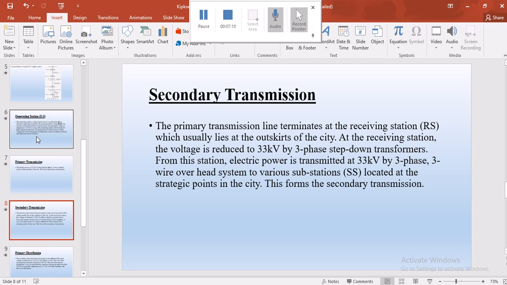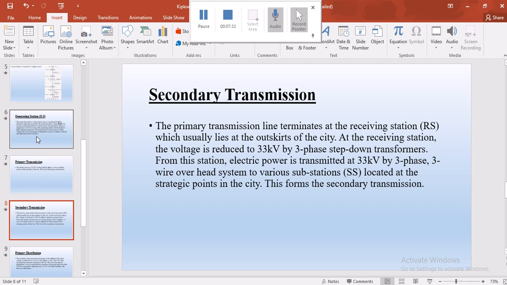After the power has been transmitted from the generating station to the receiving station, at the receiving station the power will be stepped down from 132 kilovolts to 33 kilovolts by the help of three-phase step-down transformers.